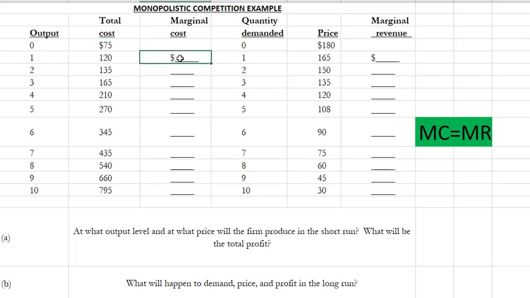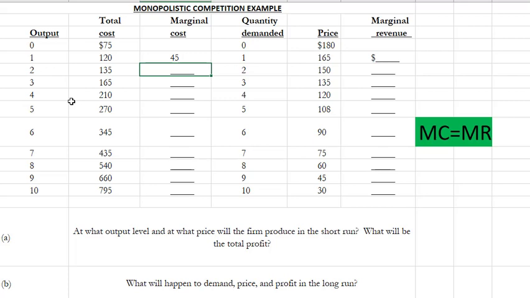So what is the change in your cost? What's the marginal cost as you move from 0 to 1? Yeah, you would subtract them. You move from 75 to 120, so your marginal cost is 45.